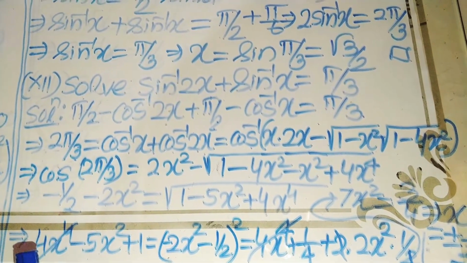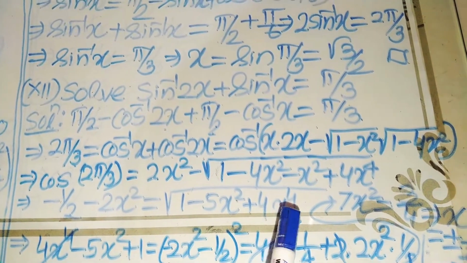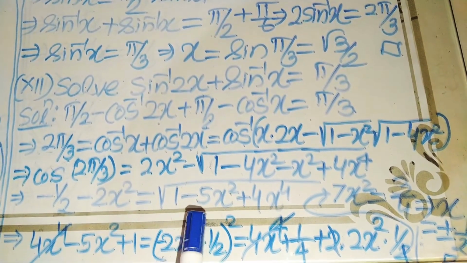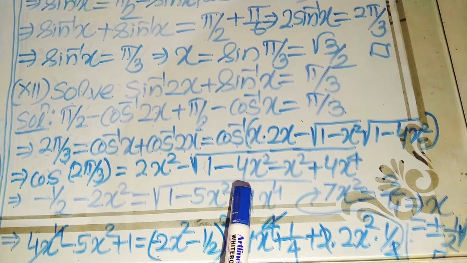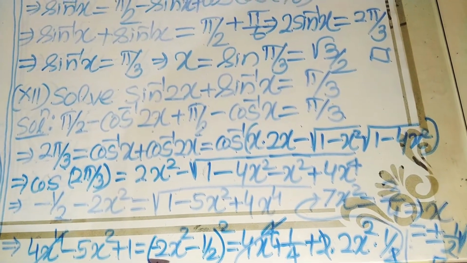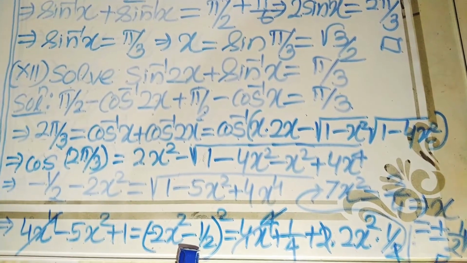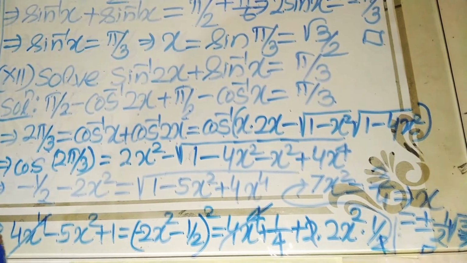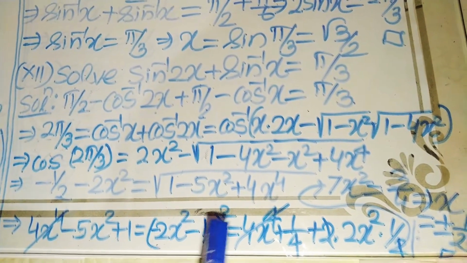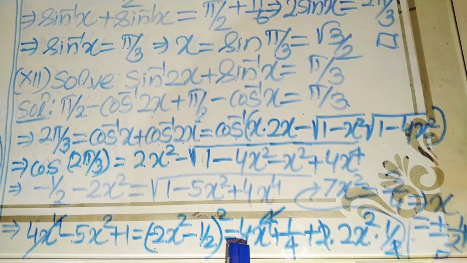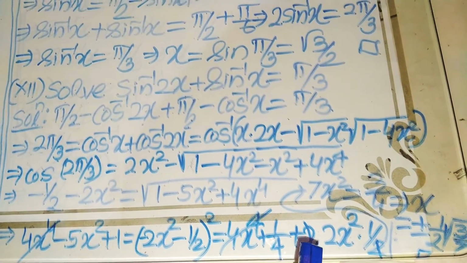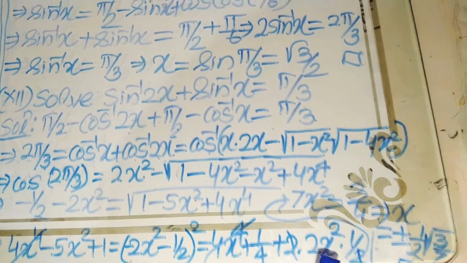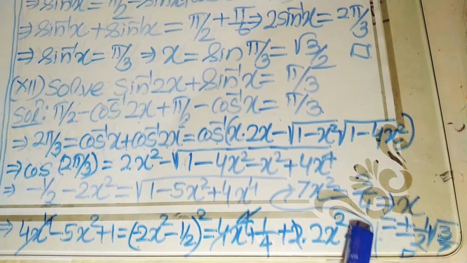So here, squaring both the sides, we have 4x fourth minus 5x square plus 1 is equal to minus 2x square minus half, whole square. If we simplify this whole square, it will be 4x fourth plus 1 by 4 plus 2 into 2x square into 1 by 2.